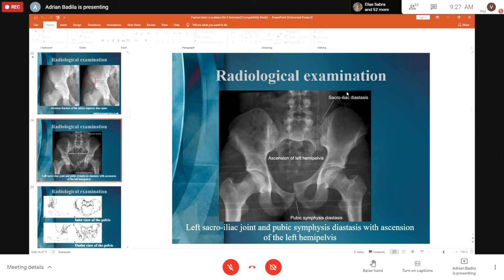That means that we have vertical and rotational instability, and the patient will present a false lower limb discrepancy by false shortening of the left lower limb. The length of the left lower limb is the normal one, but the whole hemipelvis with the whole lower limb is ascended, and it will appear to be shortened.